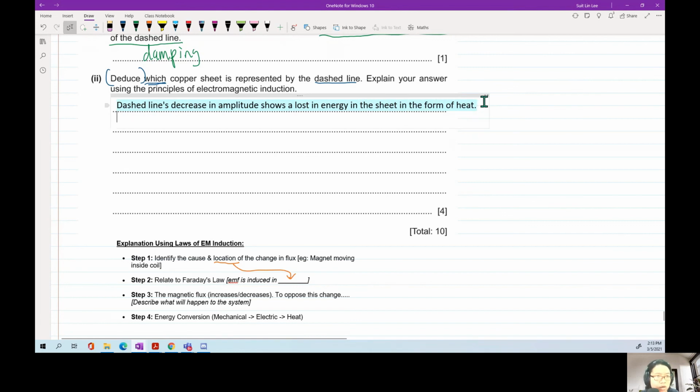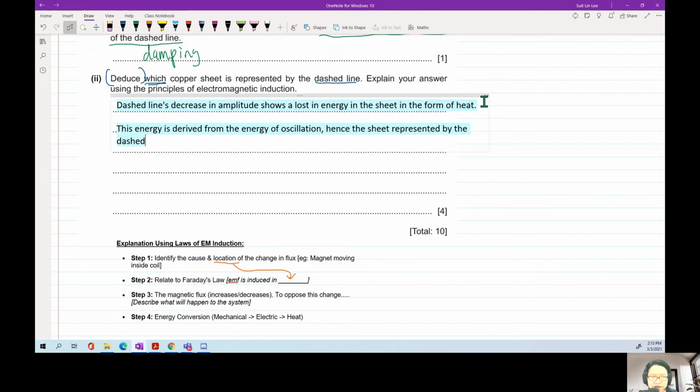Okay, and then you can mention this energy is derived from mechanical energy. Hence the sheet represented by the dashed line has a greater induced current.